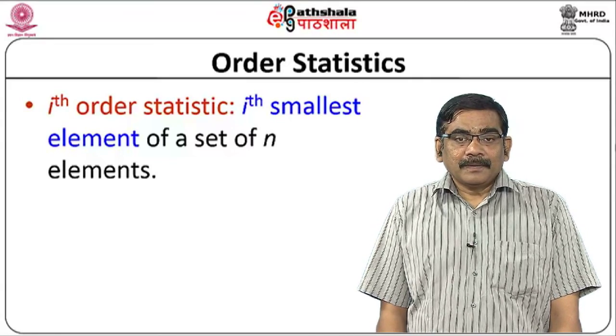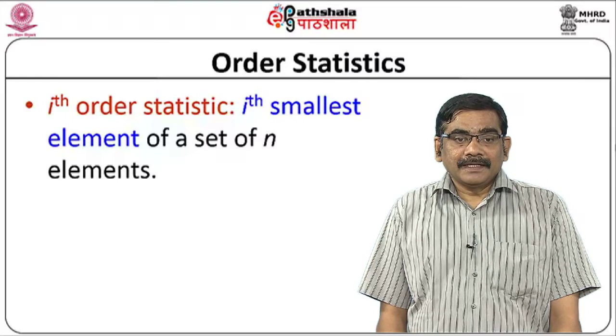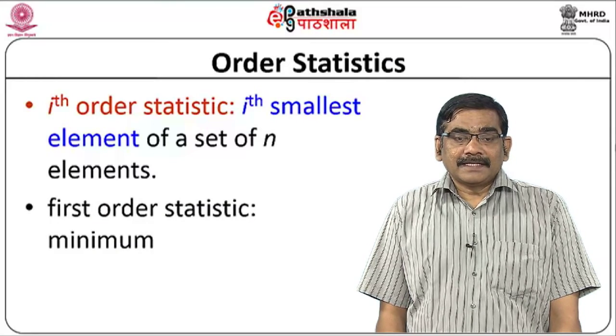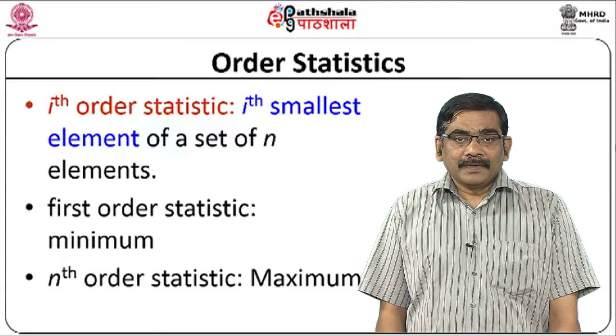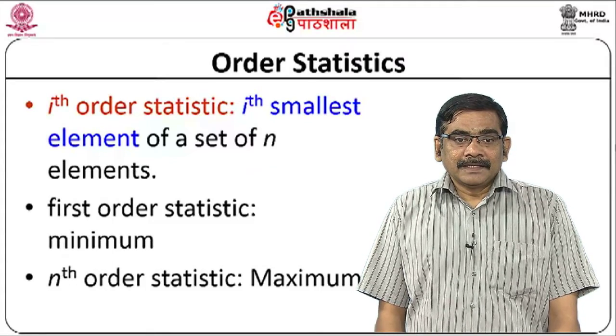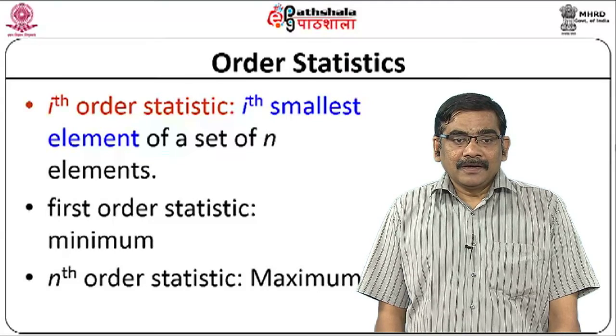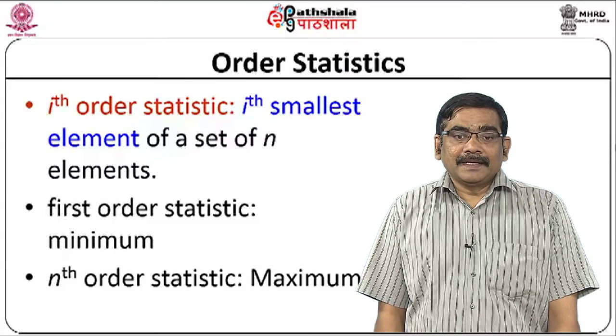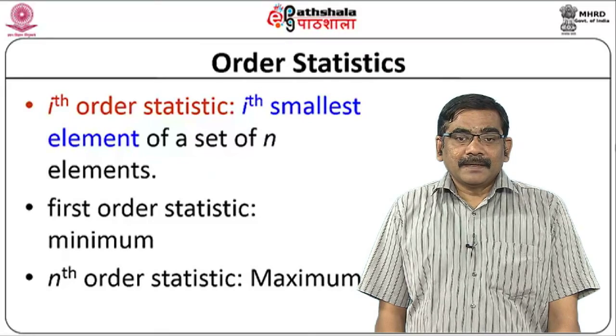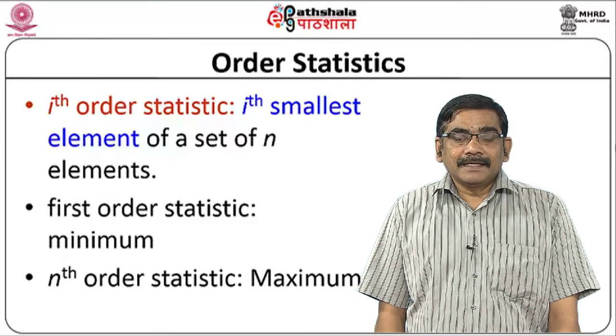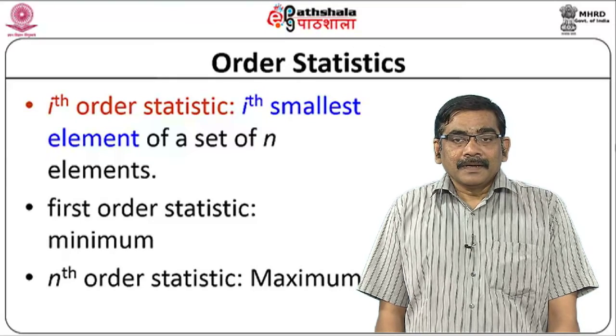Out of all the problems, we are interested in finding the ith order statistic. That means, given a list, what is the ith smallest element of the set of n elements? The first order statistic is the minimum and the nth order statistic is the maximum.